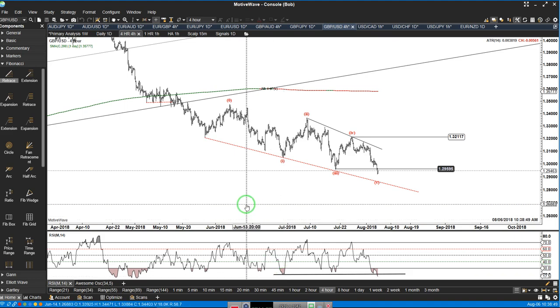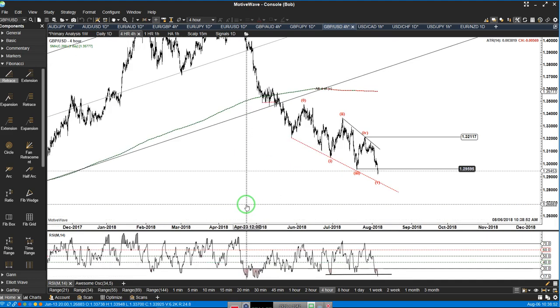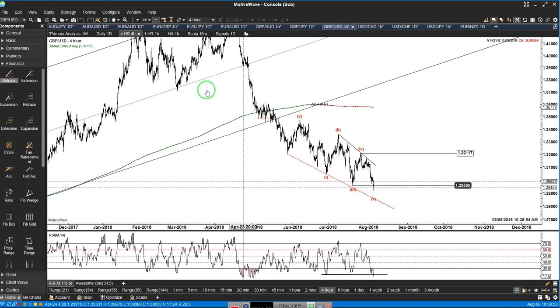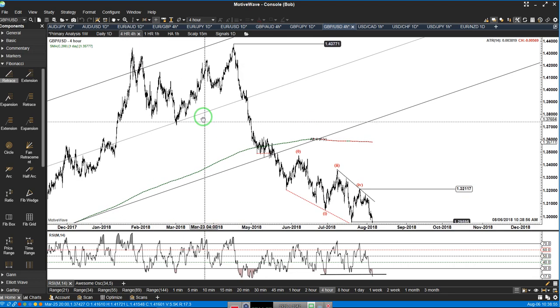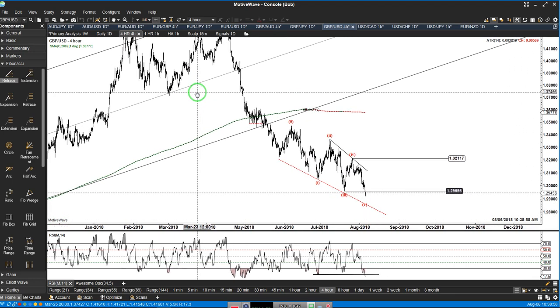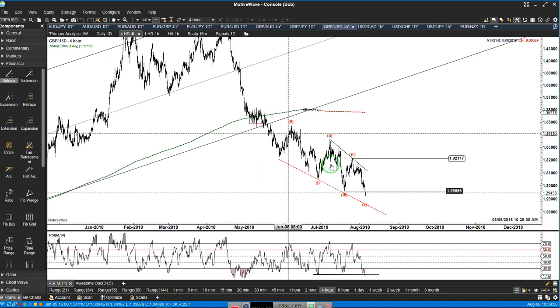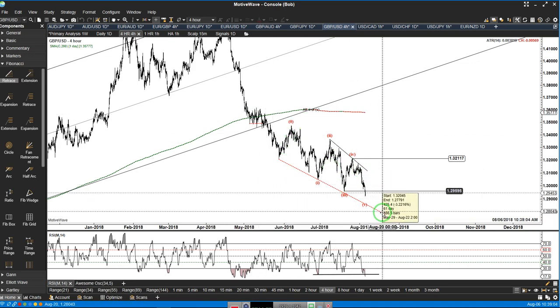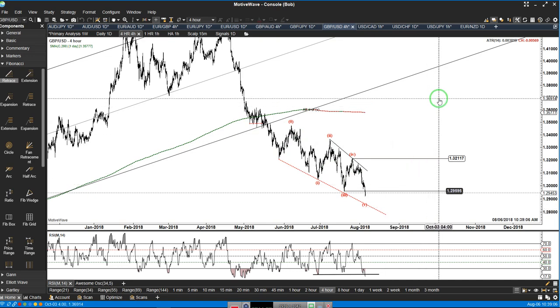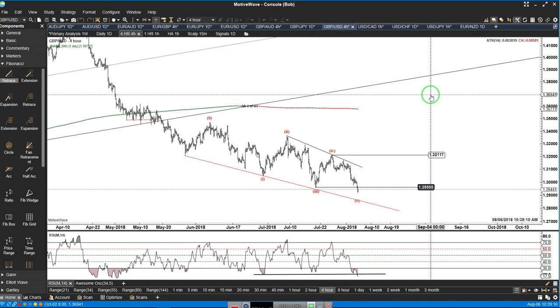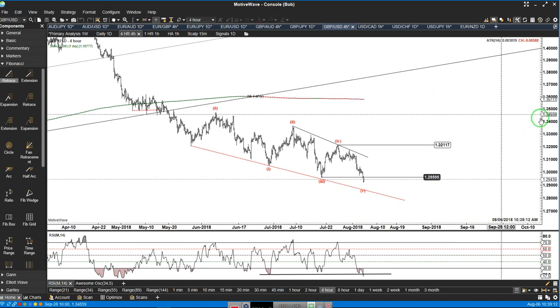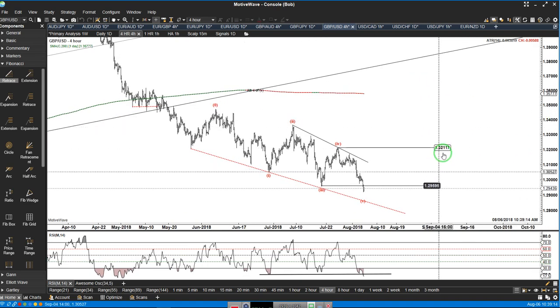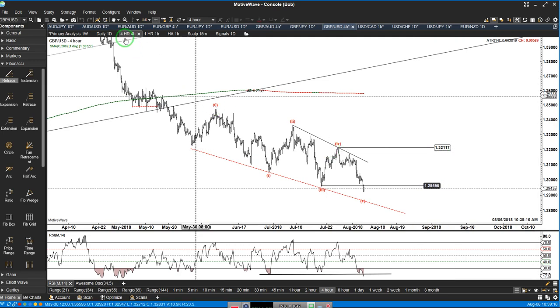Pound dollar, I'm sorry, this giving up this divergence here, we're really not helping the ending diagonal here. Doesn't mean we can't have some type of 1, 2, 3, 4, and we got A, B, C for 5 for a leading diagonal, and we still see that 3 up. We just have to wait and see how it plays out. It's, like I said this morning, above 32.11.